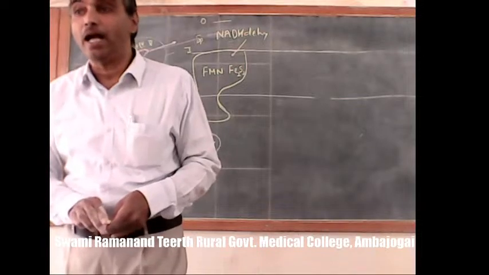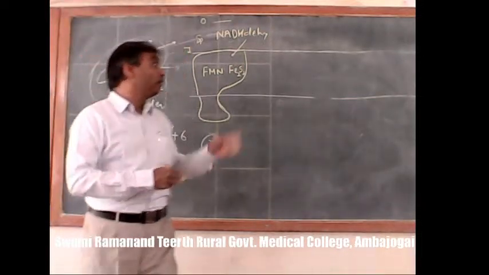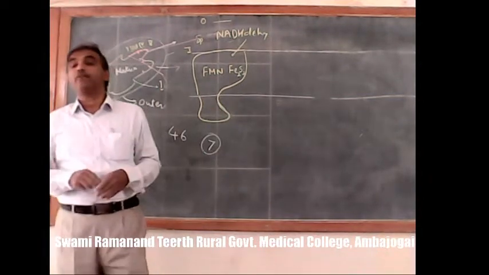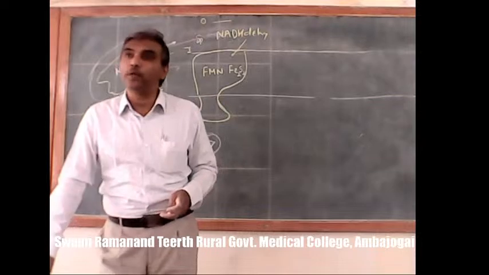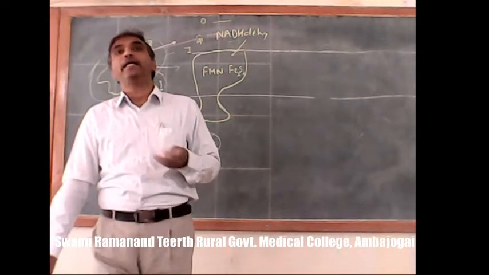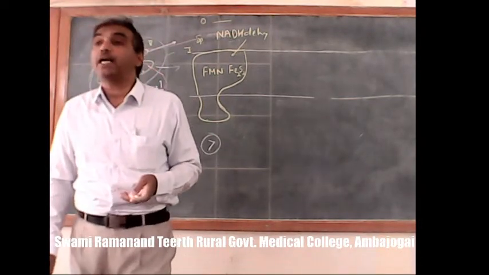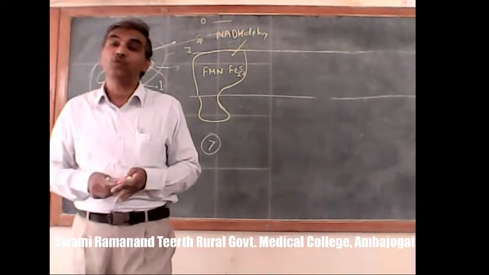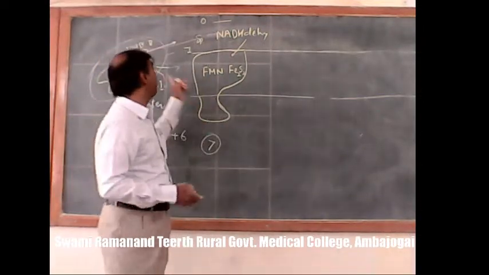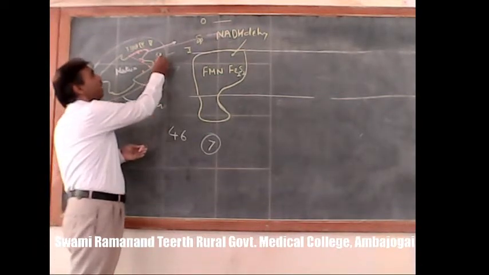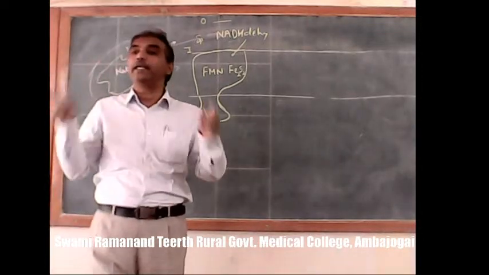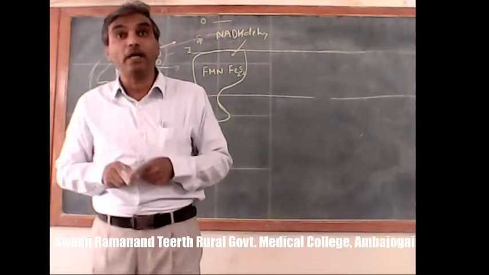This is another idea: that the electron transport chain, or for that matter many of the mitochondrial proteins, are synthesized from mitochondrial DNA. So each cell has two DNAs. One is nuclear DNA, another is mitochondrial DNA. In mitochondria you have this circular DNA, two-stranded circular DNA.